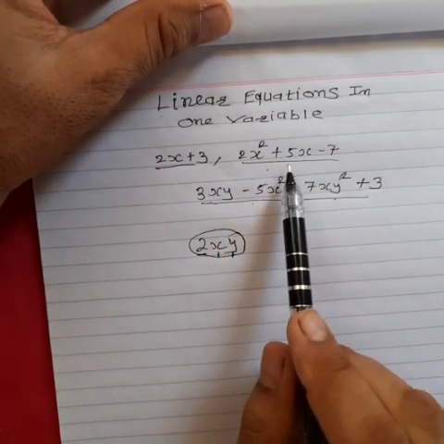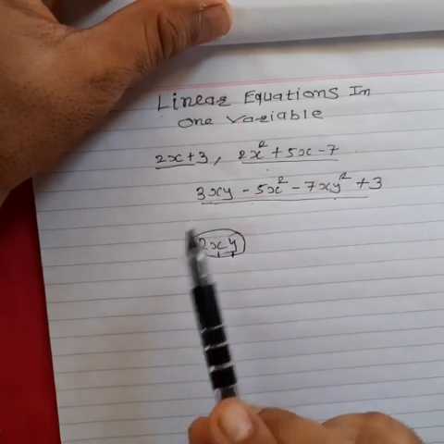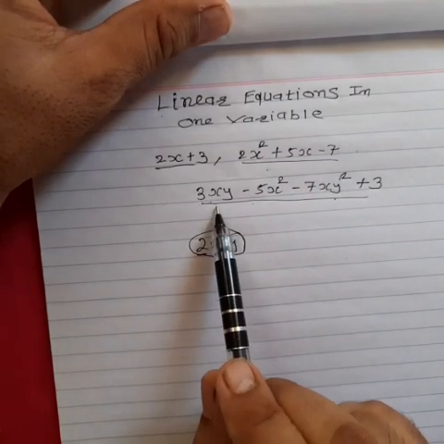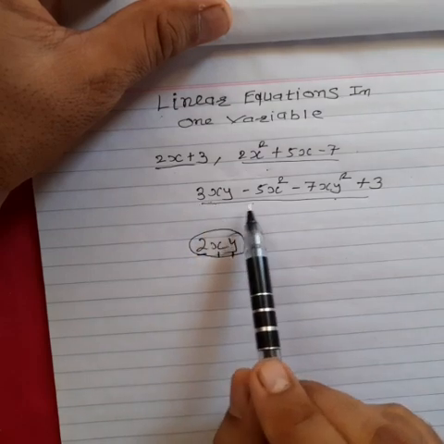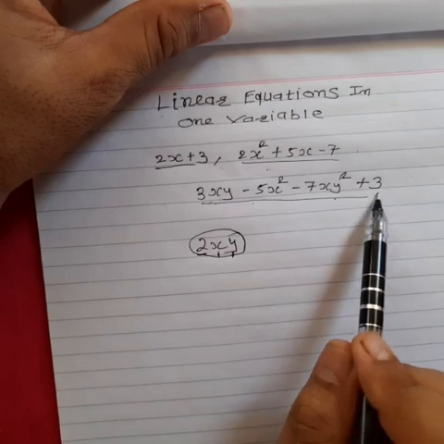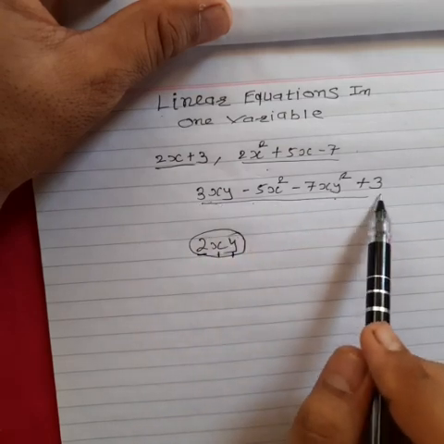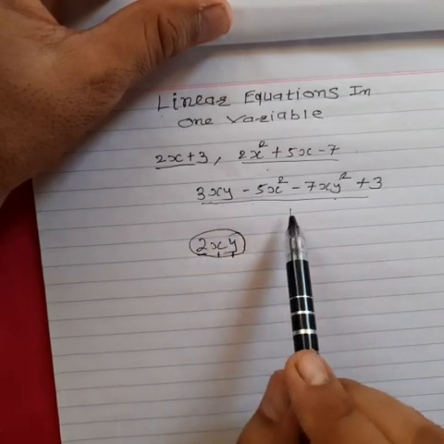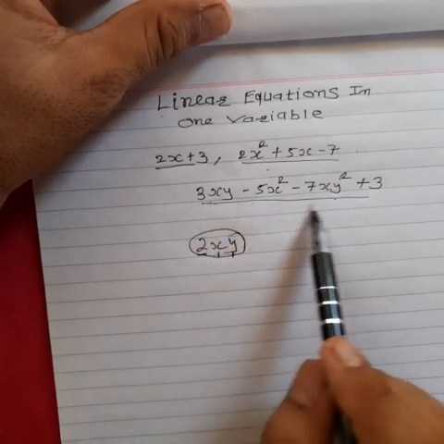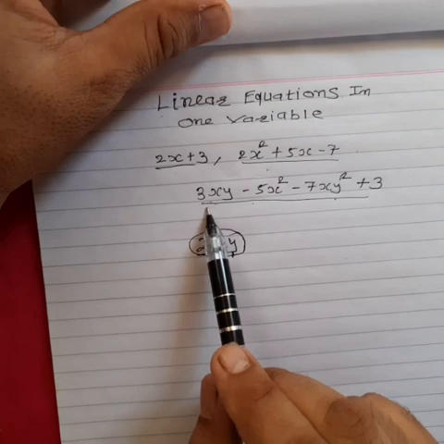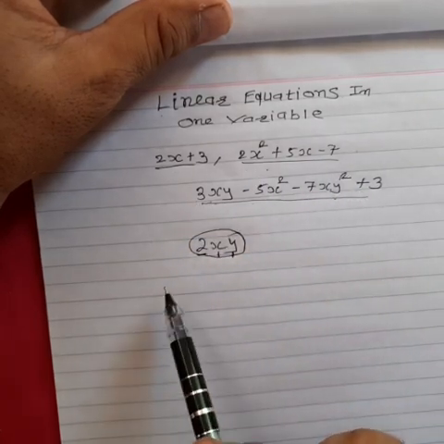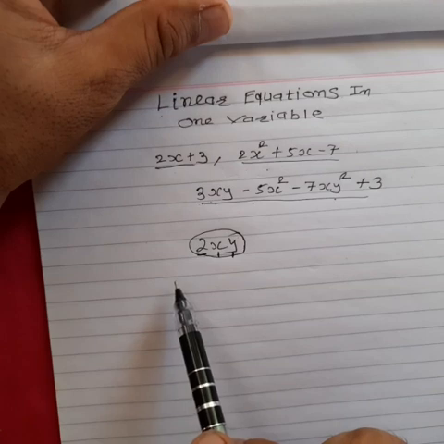So 2x square plus 5x minus 7 is an algebraic expression. 3xy minus 5x square minus 7xy plus 3. So there are 1, 2, 3, 4 terms which are associated with minus and plus. So that is considered to be an algebraic expression.